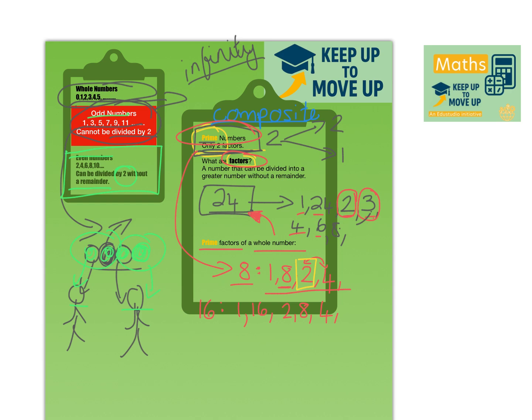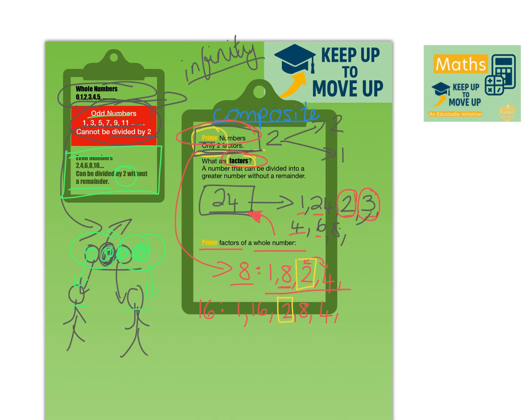So the only prime factor of 16 is 2. Just something else that you can keep in mind. While most uneven numbers can be prime numbers, not all uneven numbers are prime numbers. You have to think about this very carefully.